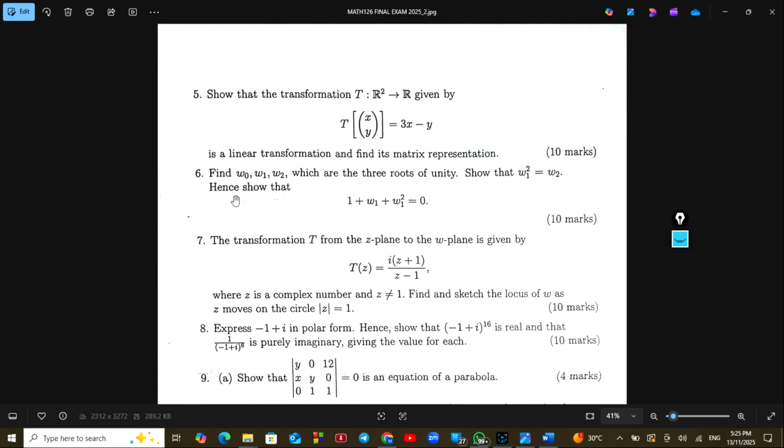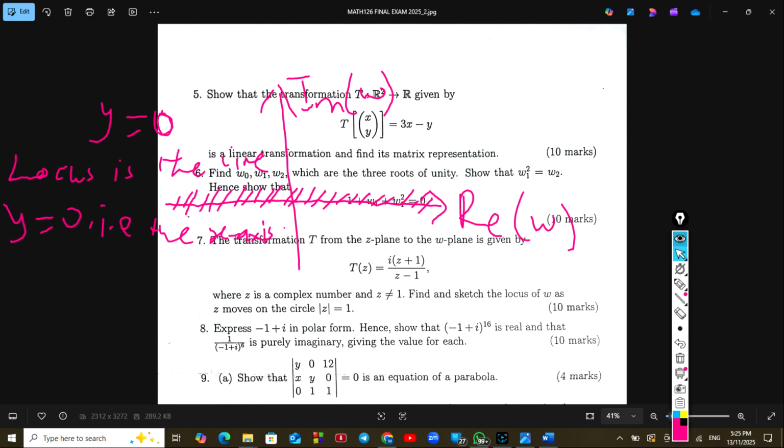If we transform the circle with radius 1 using this transformation, we will come to the conclusion that in the W plane, this circle with radius 1 will become a line, and that line is the line y is equal to 0. That is the x-axis. And that's what we've done.